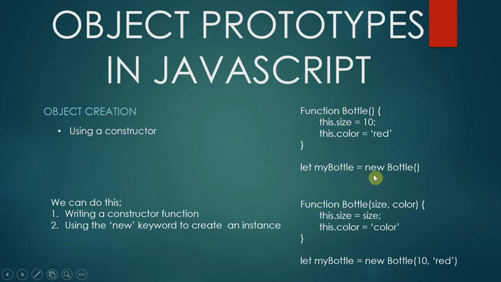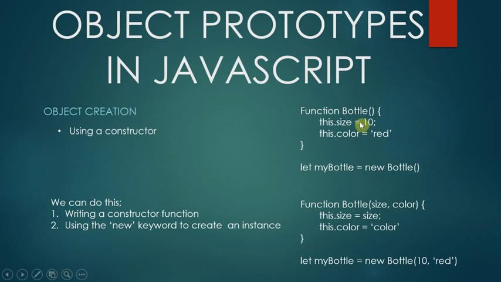All right, now you can see the new keyword that we used to initialize it. Here we created a constructor function and used this keyword to assign a size of 10 to the object, and this.color to describe the properties.